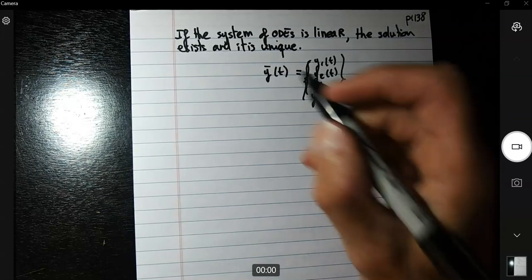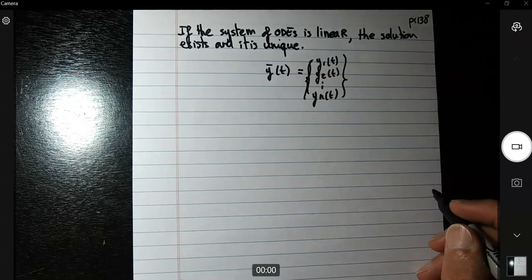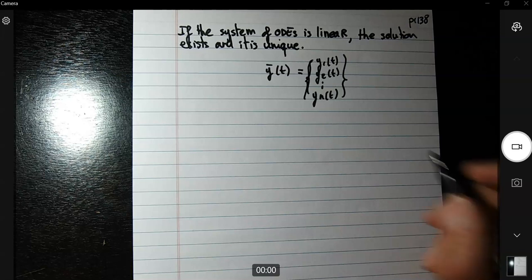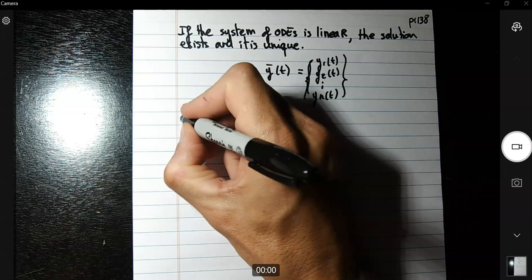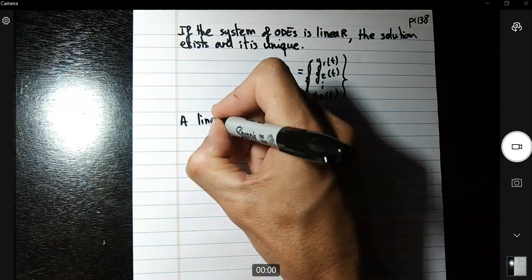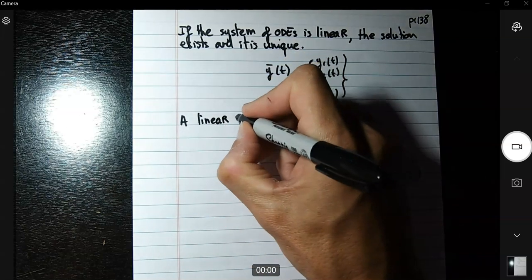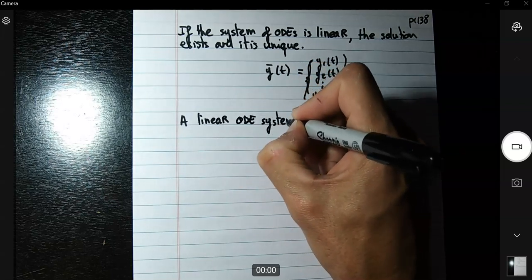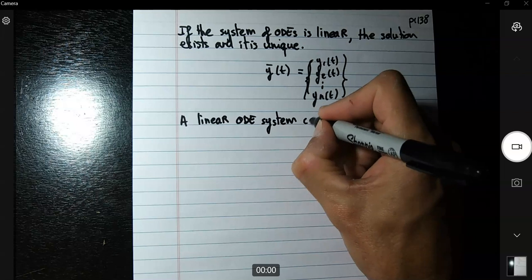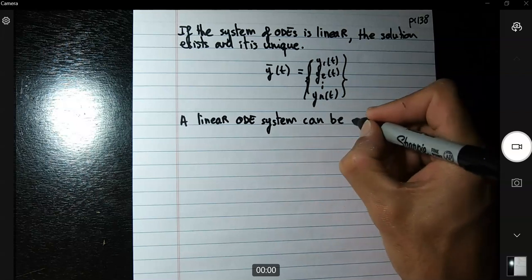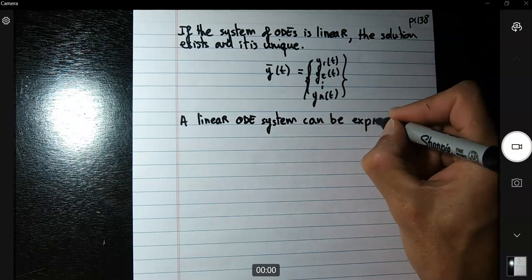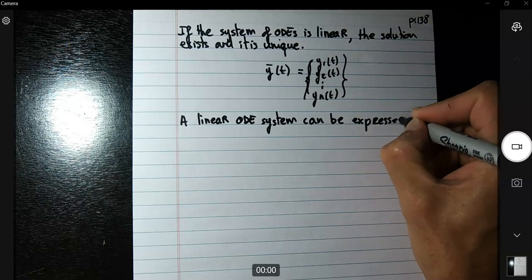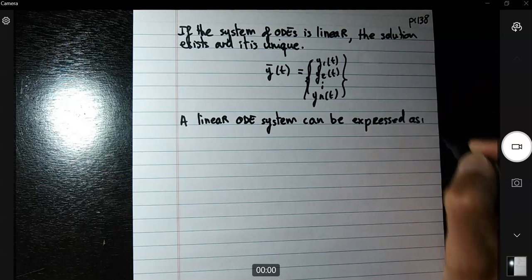Now let's rewrite what would be a more general form of a linear system of ODEs. A linear ODE system can be expressed as follows.